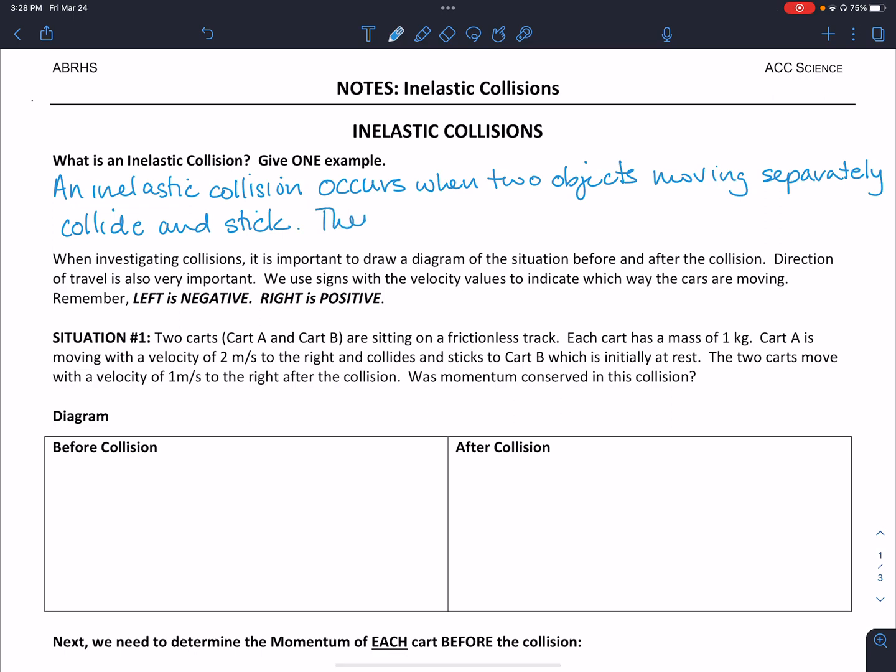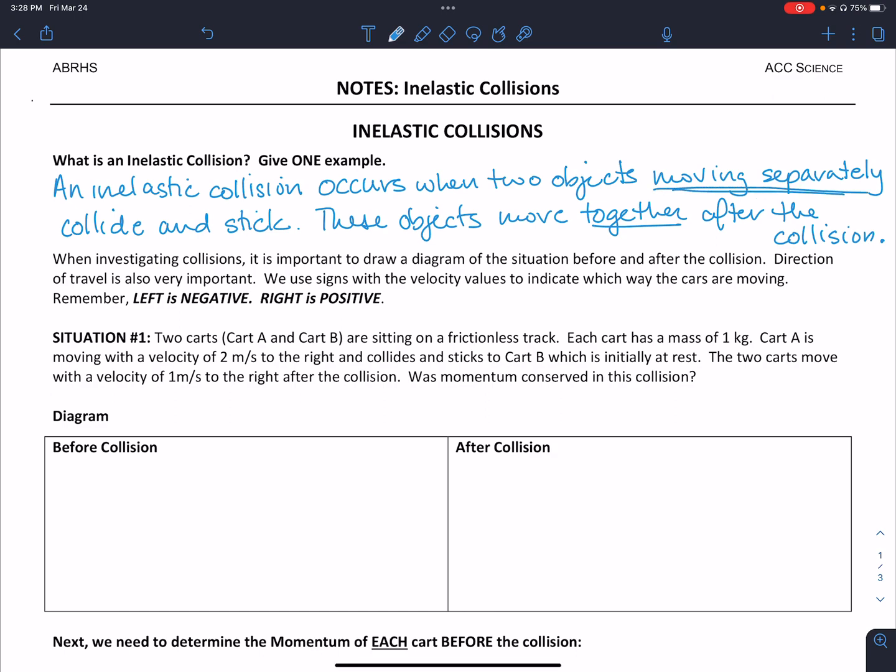These objects move together after the collision. So the inelastic collision occurs when these two objects are moving separately.